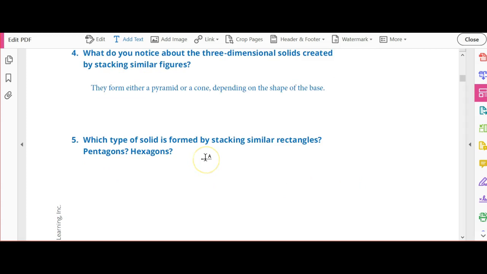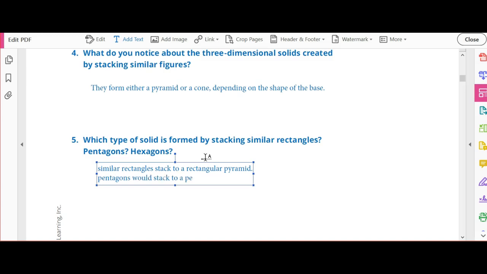Well, similar rectangles stack to a rectangular pyramid. Pentagons would stack to what we call a pentagonal pyramid. And hexagons would stack to a hexagonal pyramid.